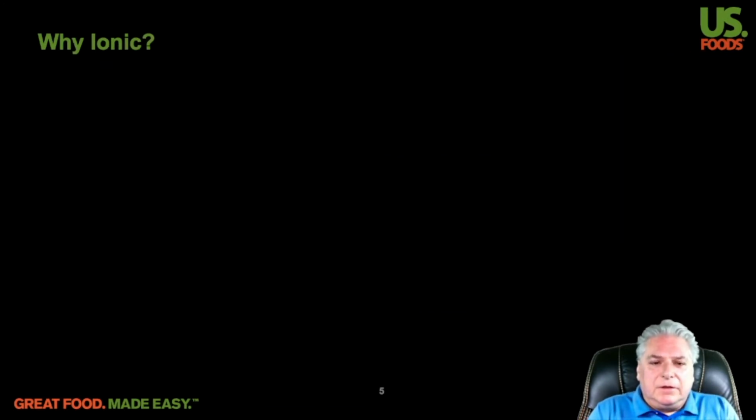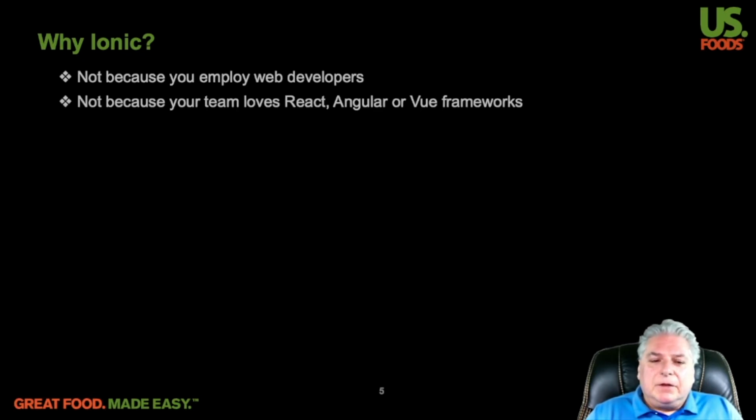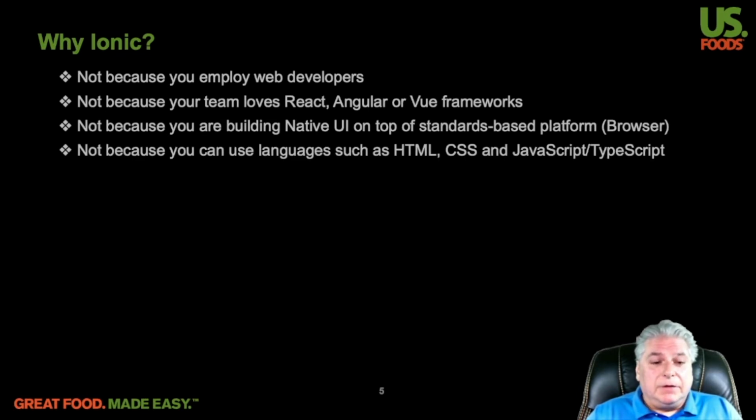Let's just touch on why Ionic really fast. There's a big reason why you might want to really consider Ionic over other tools. And it's not because you employ web developers today. It's also not because your team loves React, Angular, or the Vue frameworks. It's not because you could build a native UI on top of web standards, primarily the browser.